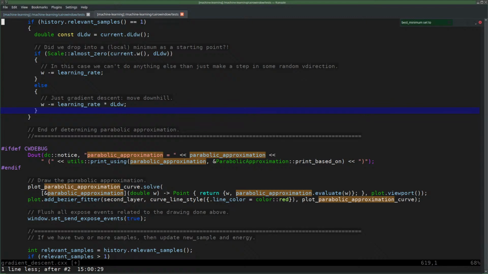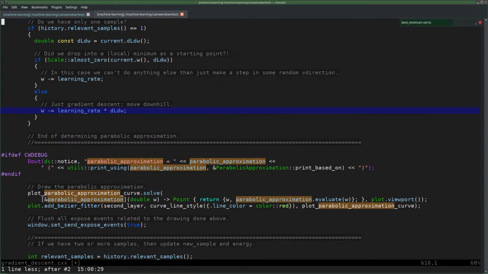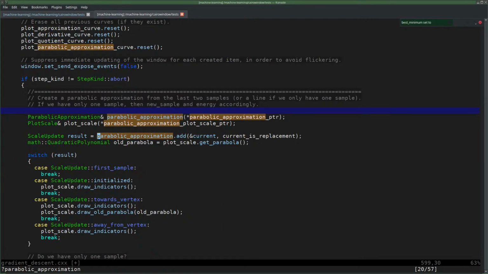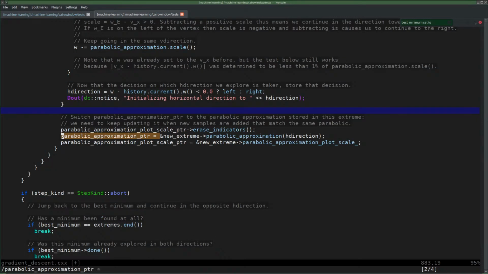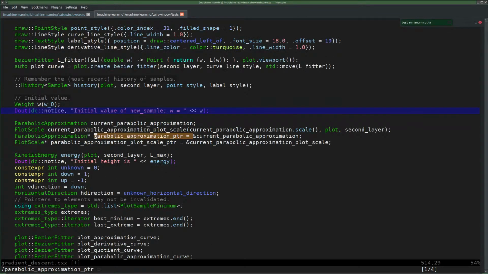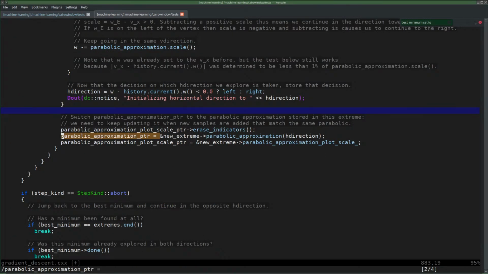I need my mouse again. I want to see where this pointer is all being set. This initialization, I set it to a thing on the stack here. And then it is set here to the parabolic approximation of that extreme that we just stored. Well, that happens here anyway.